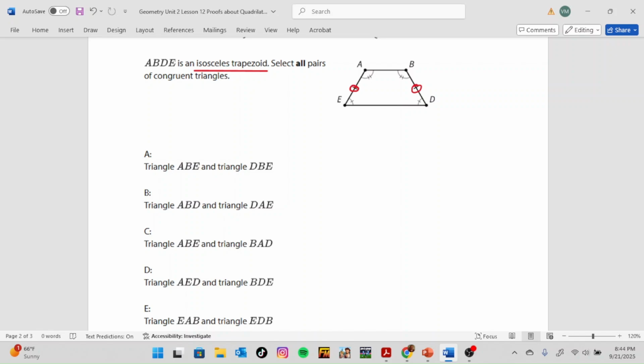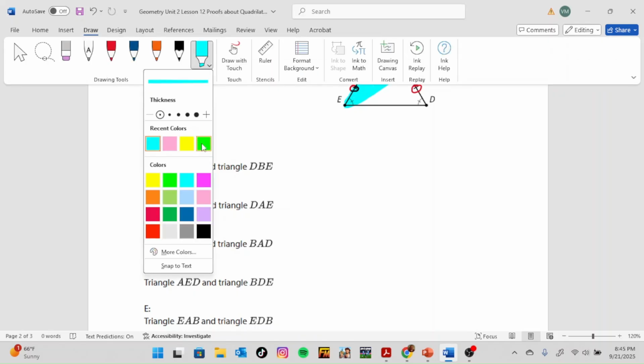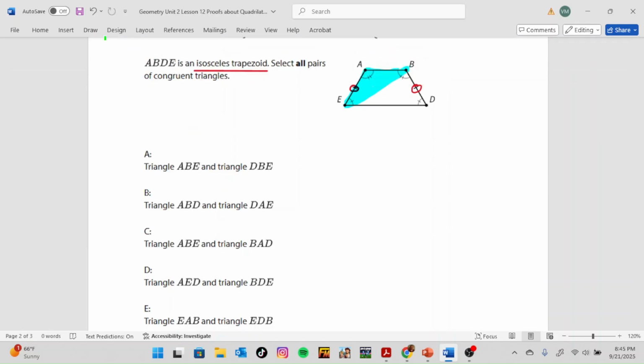So in the first example, we have triangle ABE. So ABE means we have this triangle right up here. And triangle DBE, which is going to be this triangle down here.